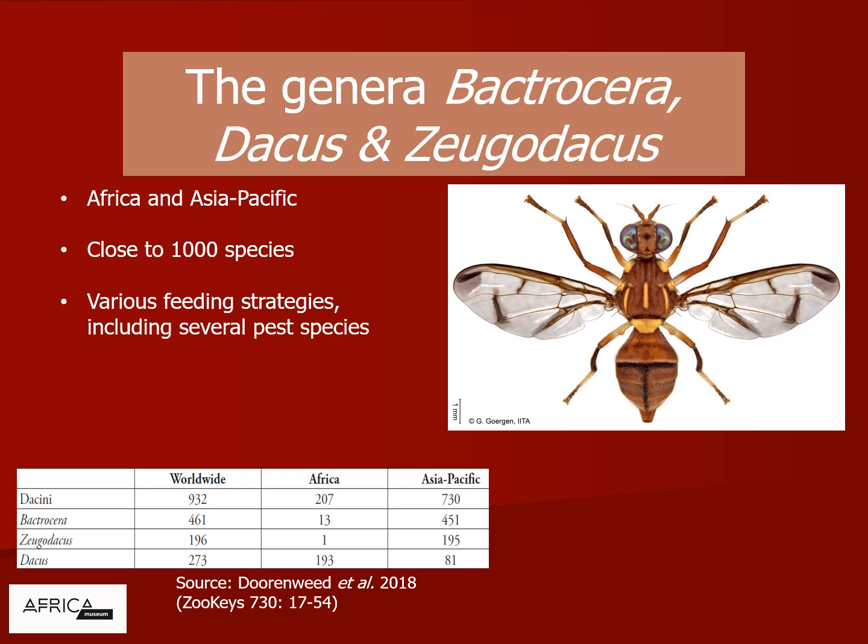The table below left shows you the numbers for each genus and their relative diversity in Africa versus the Asia Pacific. Here you can see that the genera Bactrocera and Zeugodacus are predominantly Asia Pacific, while the genus Dacus is predominantly African.